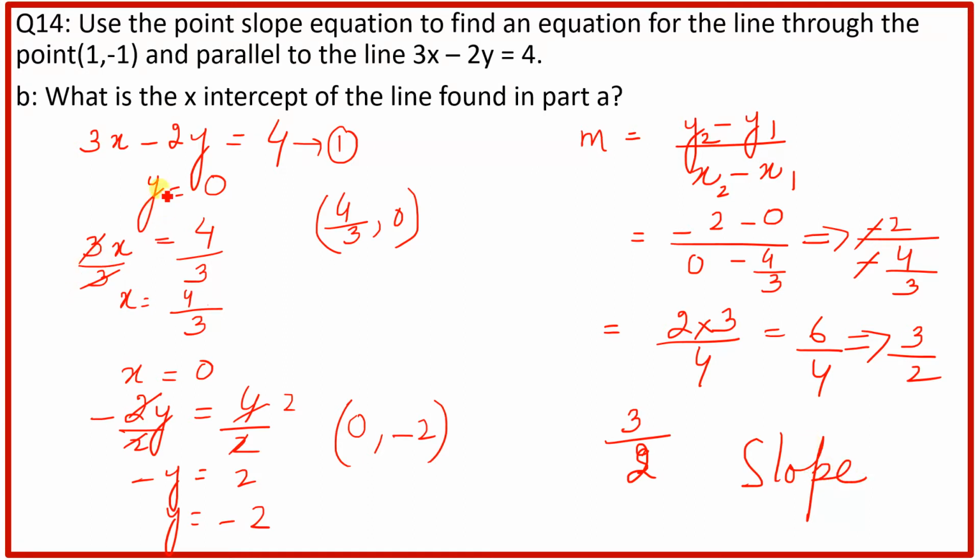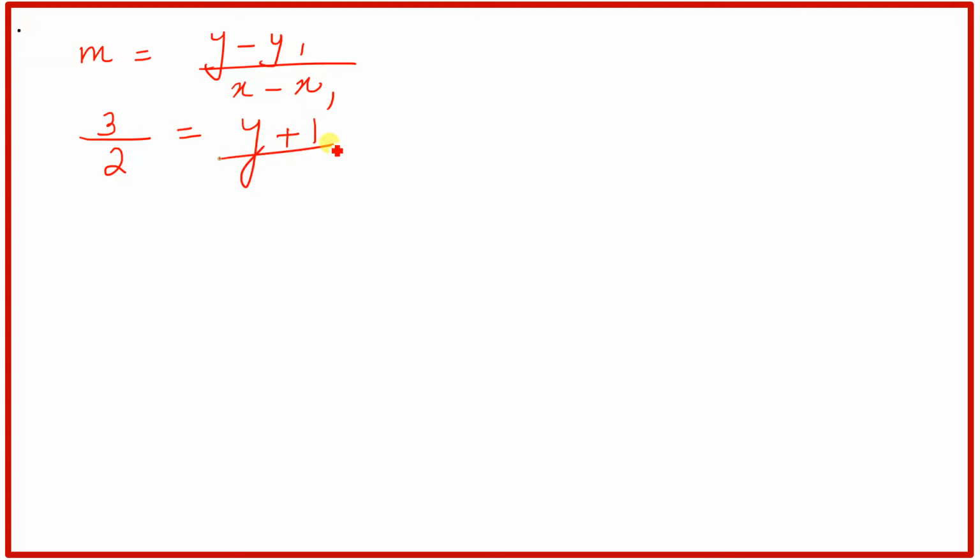What we did, first we calculated for x and y. These are the two solution sets of the equation which is given. With the help of these two solution sets, we calculated the slope, which is 3 over 2. Now we are going to use the point slope equation, right? So the slope 3 over 2 is equal to y minus y1 over x minus x1, here y plus 1 over x minus 1.